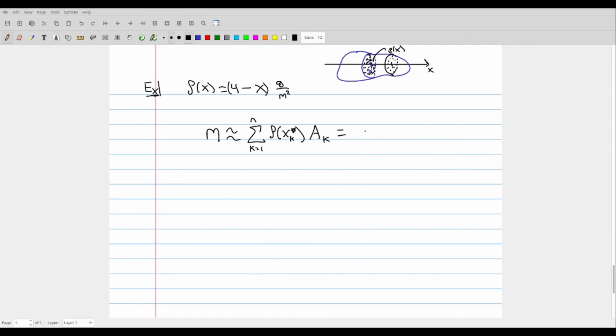So for instance, a surface of revolution has an area of its cross-section equal to the area of the circle, which is just pi times f of xk.